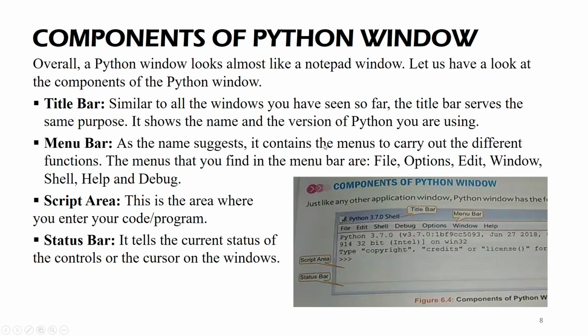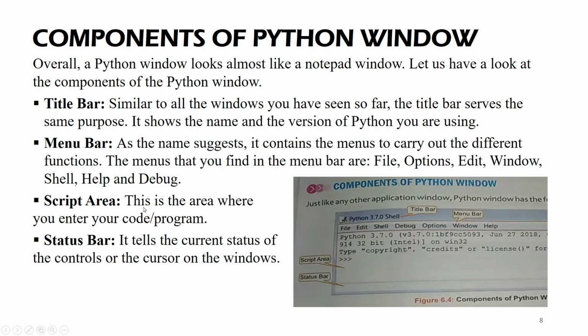It shows the name and the version of Python you are using. Menu bar. As the name suggests, it contains the menus to carry out the different functions. The menus that you find in the menu bar are File, Edit, Shell, Debug, Options, Window, Help.